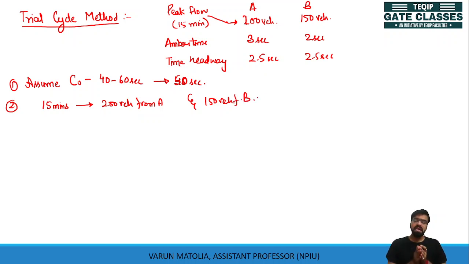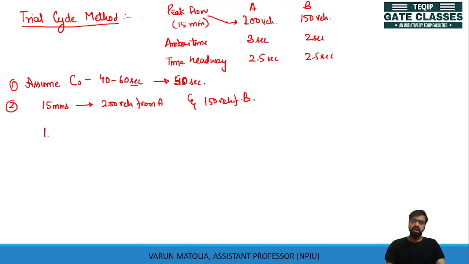So this traffic flow should be maintained while we design a signalized intersection. Let us check how many vehicles, because we are having this value in seconds, so let us check how many vehicles pass through this section per second.